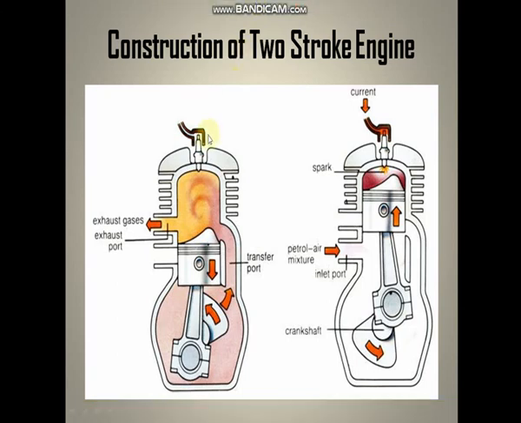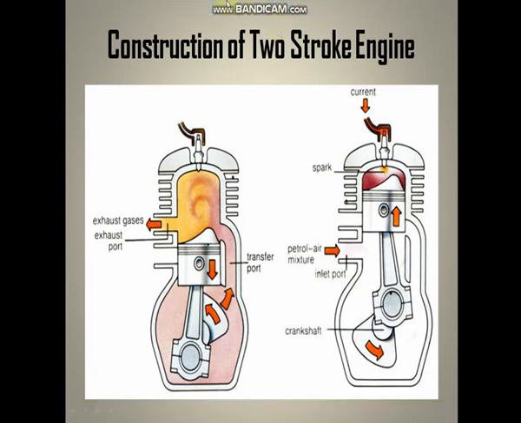In the case of the upward stroke, only the compression process will be done, and in the case of the downward stroke of the piston from top dead center to bottom dead center, the expansion process will be done, the exhaust process will be done, as well as the intake process.